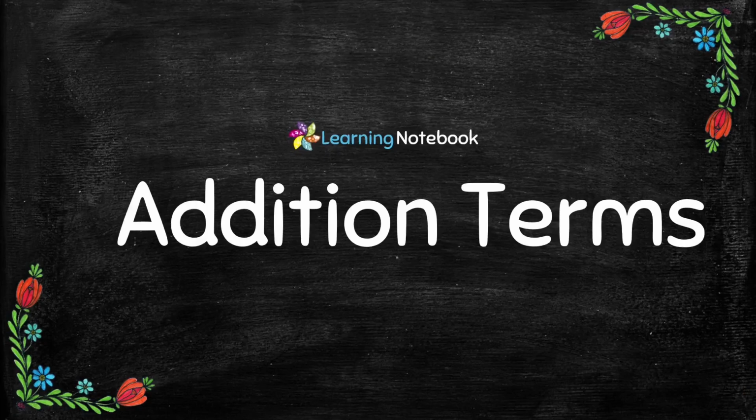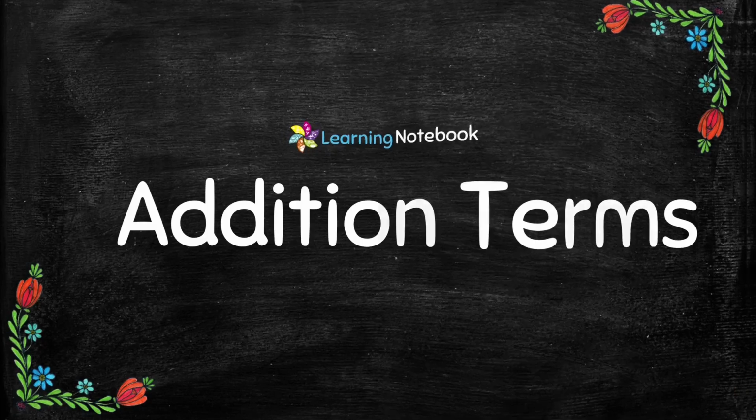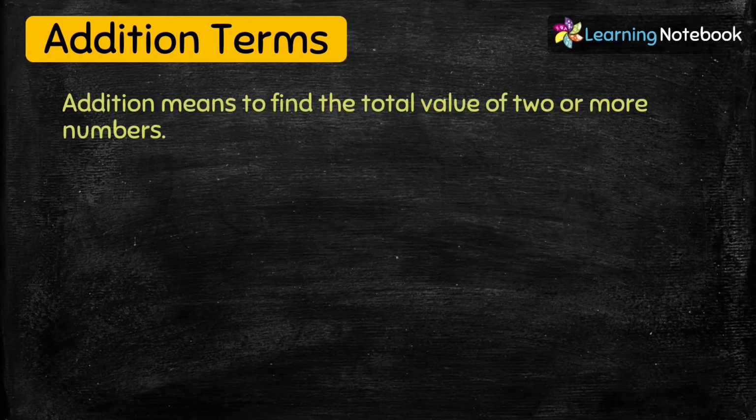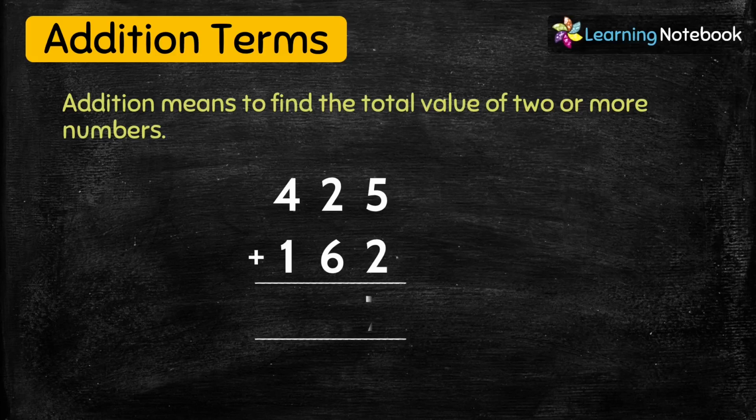So let's start and first understand addition terms. So what is addition? Addition means to find the total value of two or more numbers. Like here, the two numbers are 425 and 162.